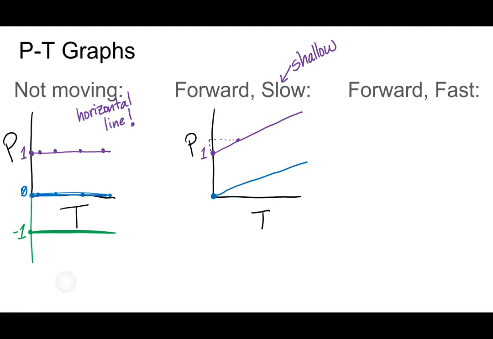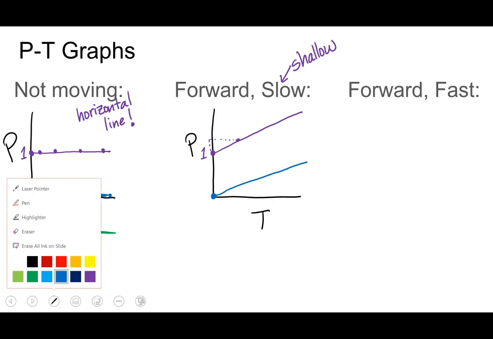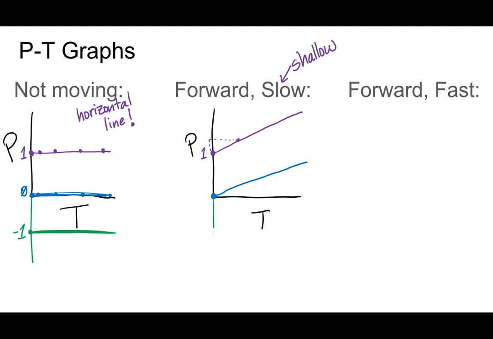And then if I started at -1, so all the way down here, and I'm moving forward, then that means I'm moving towards the tree because that is the forward direction. So it would still be a shallow slope. Now, one thing we should note about all three of these is that forward, therefore, means a positive slope.